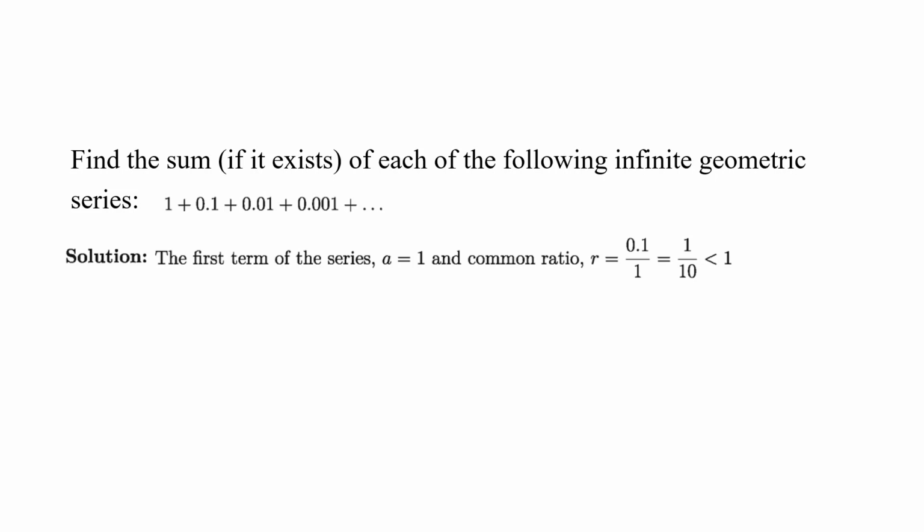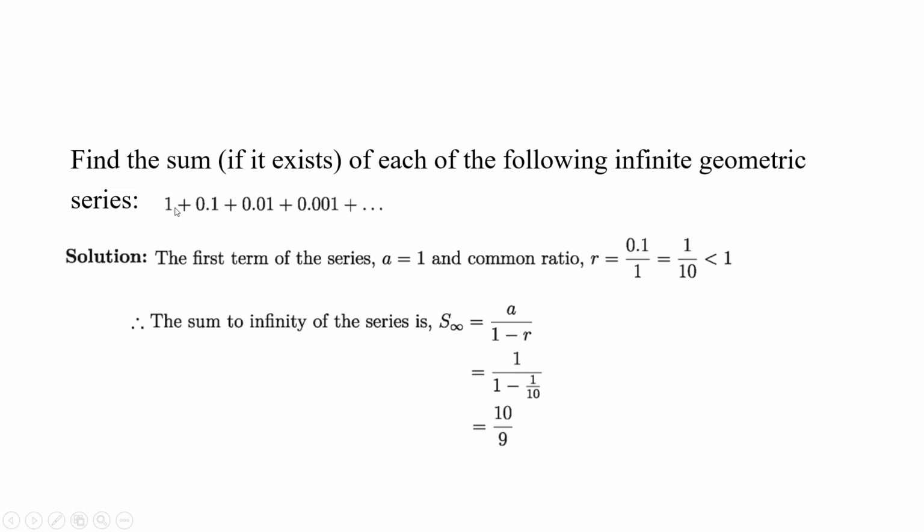To find the common ratio, divide any term by its previous term. So r equal to 0.1 divided by 1. This is second term divided by first term. Therefore, the sum to infinity of the series is S infinity equal to, formula is a by 1 minus r. Putting the value of a and r, we get 1 by 1 minus 1 by 10. It is equal to 10 by 9, equal to 1 and 1 by 9. This is our required answer.